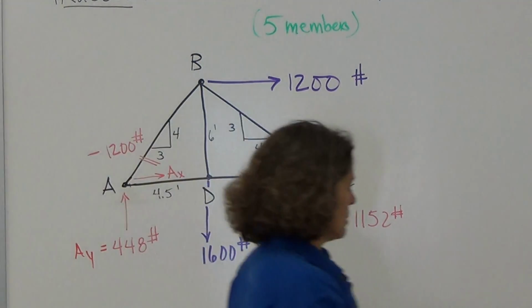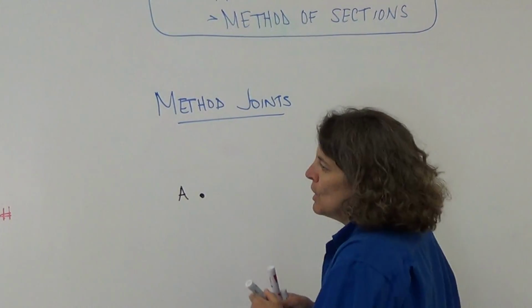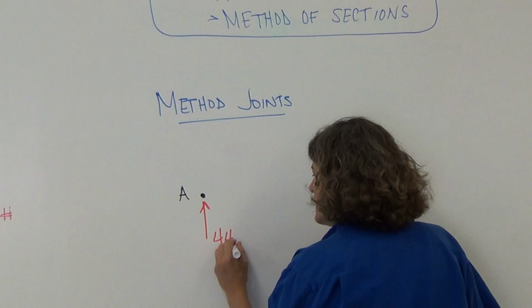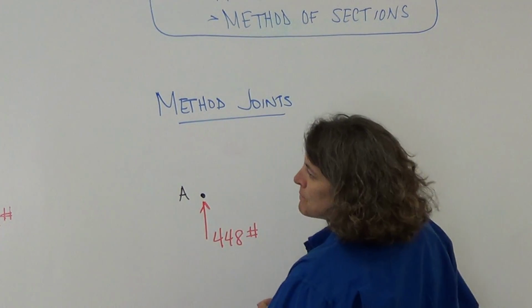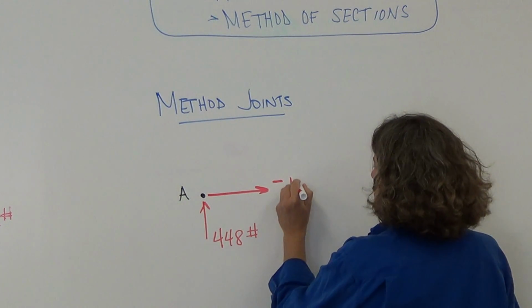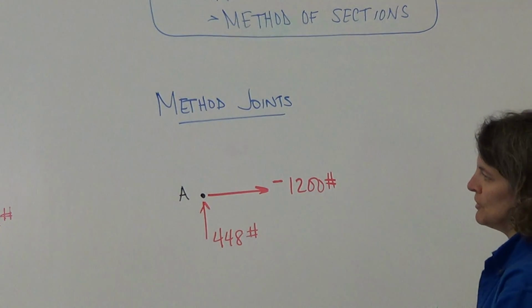So let's draw joint A. So joint A has 448 pounds going up. And I'm still drawing it the same way it was. I have a negative 1,200 pounds going to the right, which really means it's going to the left.